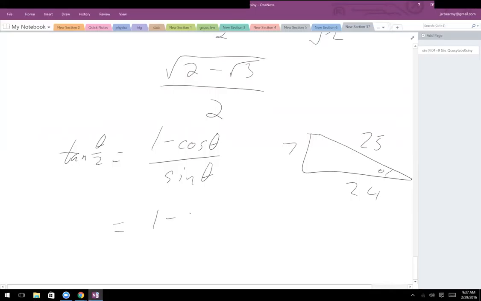So 1 minus, what's cosine theta equal to? Well, 24 over 25, right? And sine theta is 7 over 25. So I multiply by 25 over 25. So I've got 25 minus 24 over 7, which is 1 over 7.